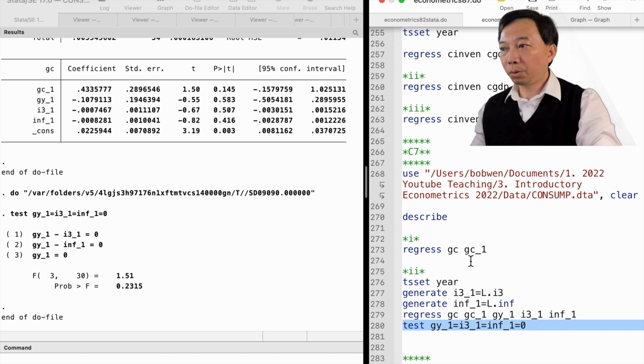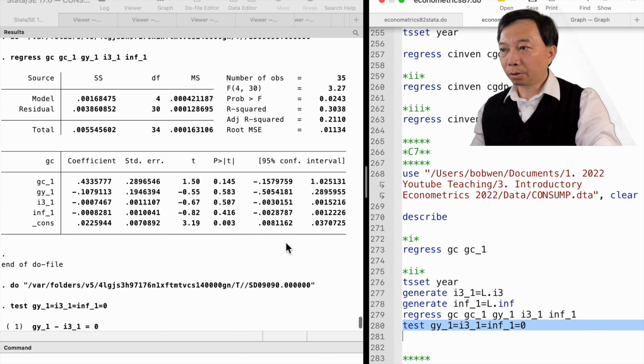It becomes individually insignificant. But we should find the overall significance of the model to test for the permanent income hypothesis. The F-statistic for the overall significance is 3.27 and its p-value is 0.0243.